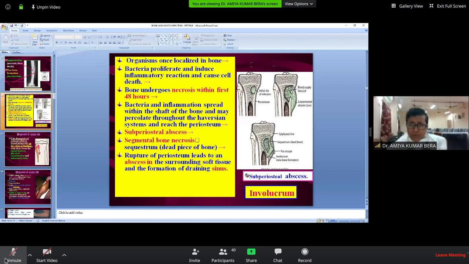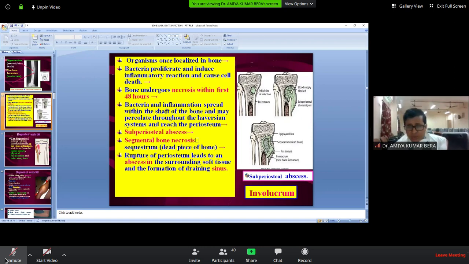But if we don't find any pus after opening it, and the patient is febrile and clinically highly suspicious of acute osteomyelitis, we should drill it, because the abscess may be localized inside the bone. We may not find pus outside the bone in the subperiosteal region, so in that case we have to make drill holes.